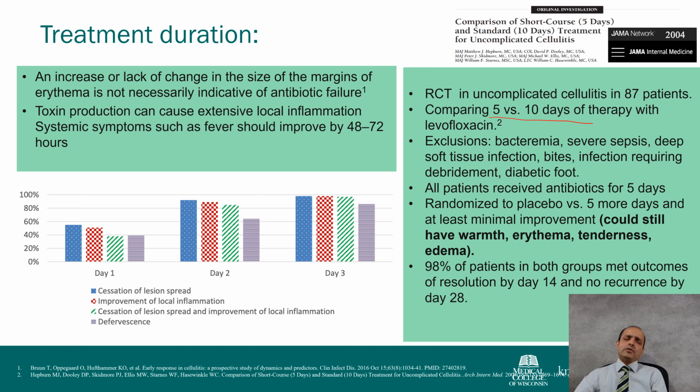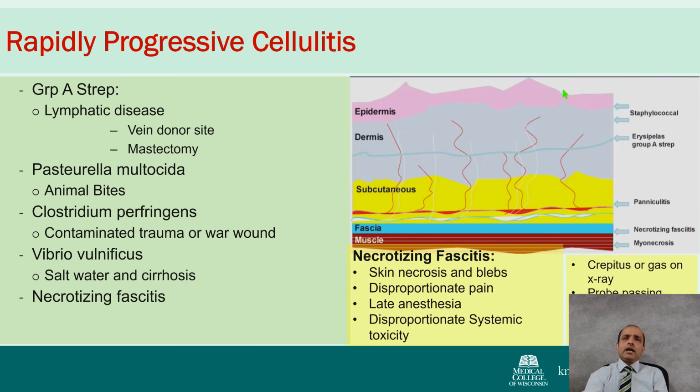When you start your patient on antibiotics, in the first 48 to 72 hours, the size of erythema can actually increase, because when you kill bacteria, they release toxin. The toxin release can cause extensive local inflammation. So an increase in the size, or lack of change in the size, does not really tell you that your antibiotic is not working. Very important principle to understand. Let's go to the next slide.